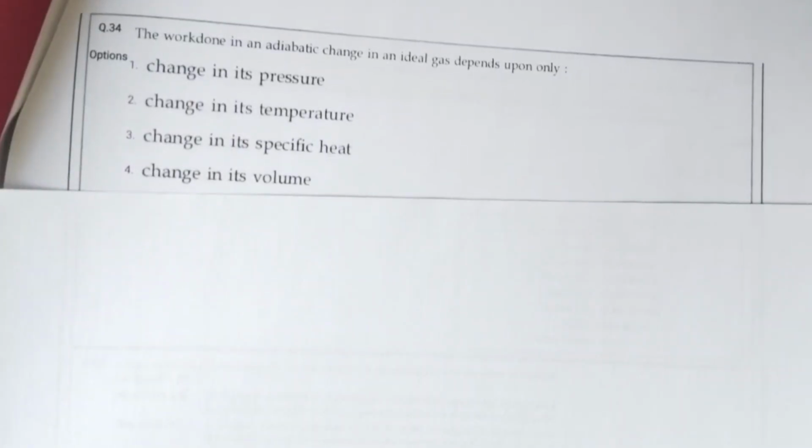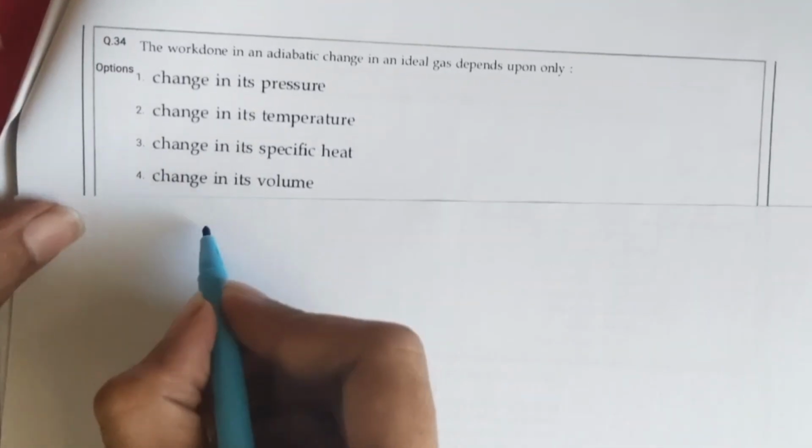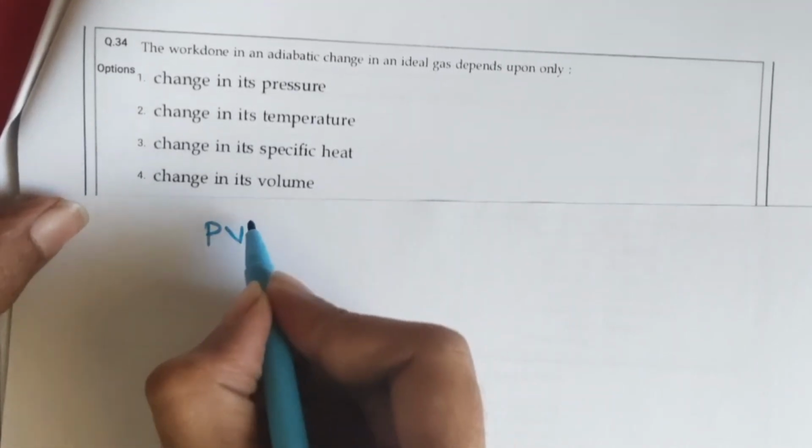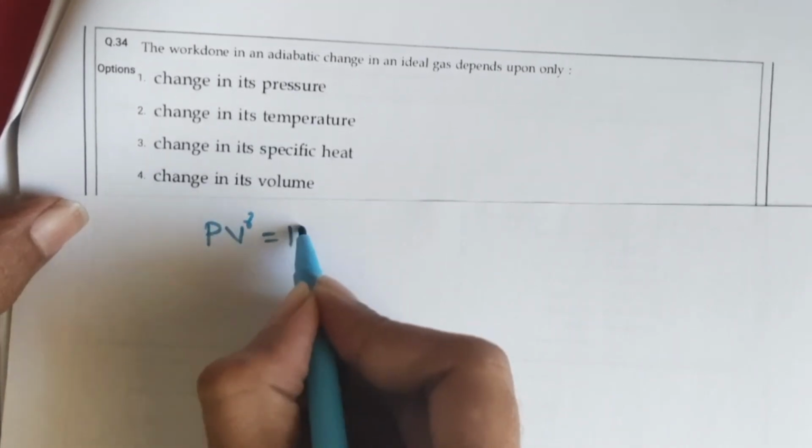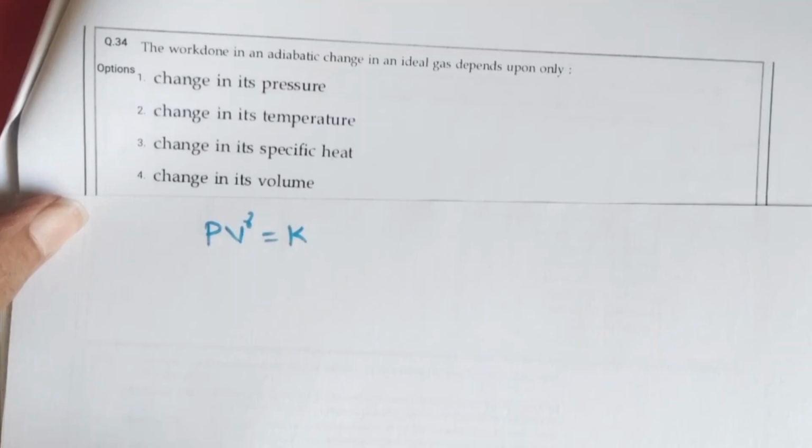So the next question, question number 34 is, the work done in an adiabatic change in an ideal gas depends upon only. So what is the general form of an adiabatic process for an ideal gas? How it will be? PV power gamma equal to something constant K. Am I right?